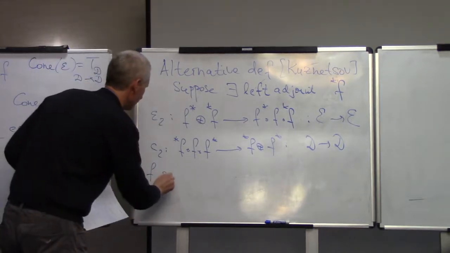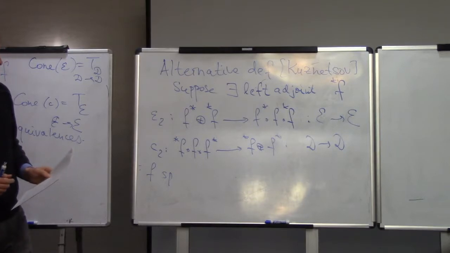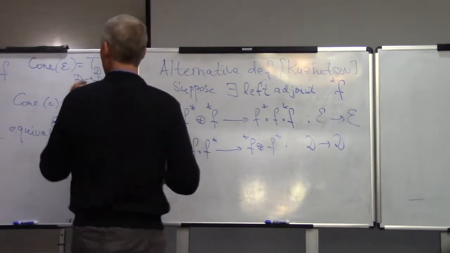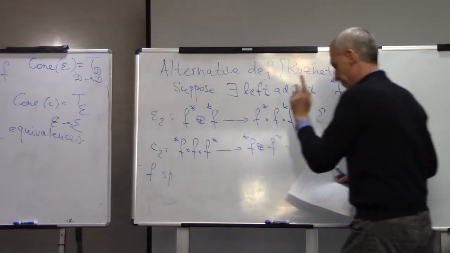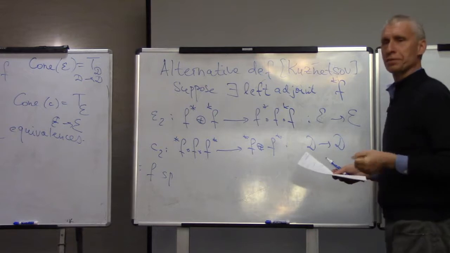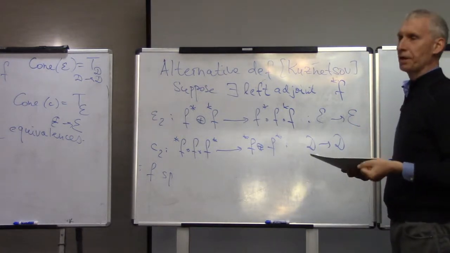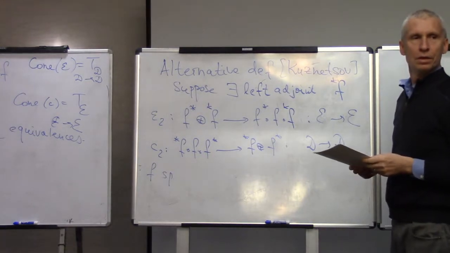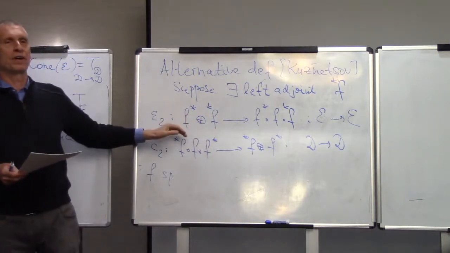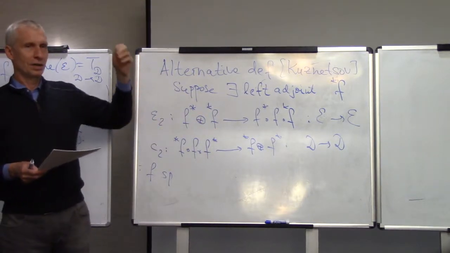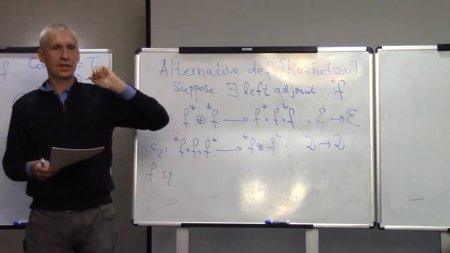Are the cones of those morphisms, those E to E and D to D, the cones of those? No. I'm saying that there are two things. What is the direct sum of functors? The direct sum of functors is a functor which takes an object to the direct sum of the value of the first functor plus the value of the second functor, and the morphism is given by the components.